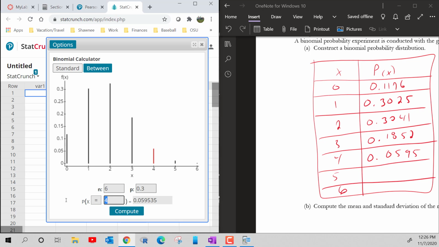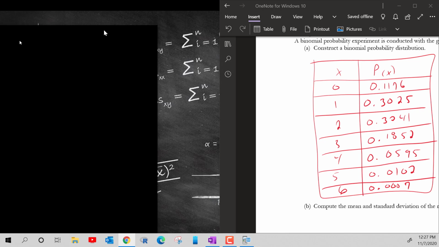X equals 5, we get 0.0102. And then for x equals 6, I get 0.0007.